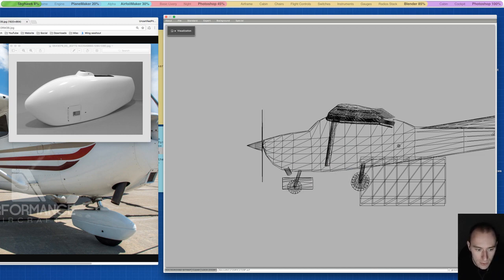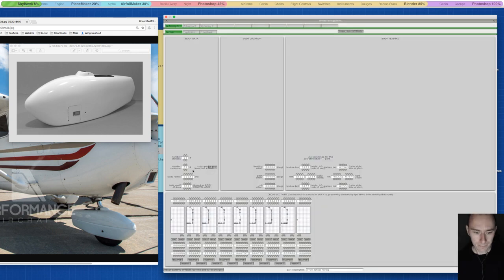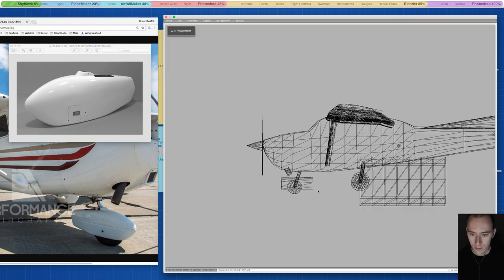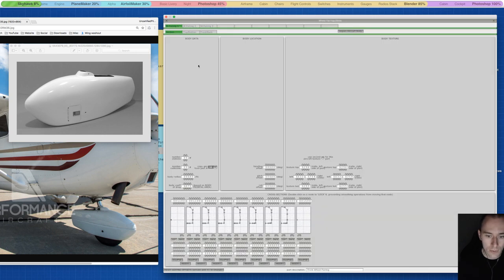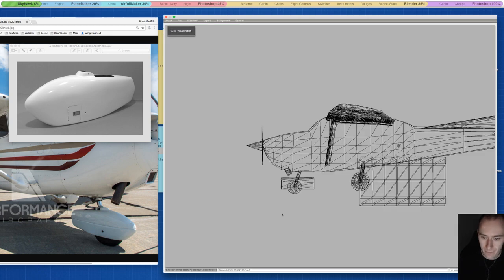Yeah, perhaps this one should be a little bit taller to the front. So let's make it 1.1. It seems about okay, perhaps even a bit more. Standard wheel fairings 6.